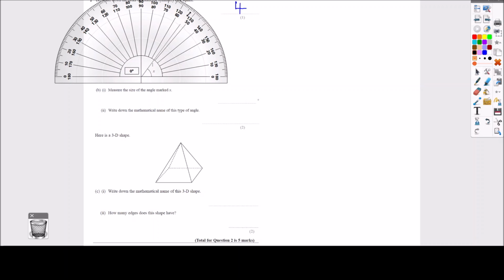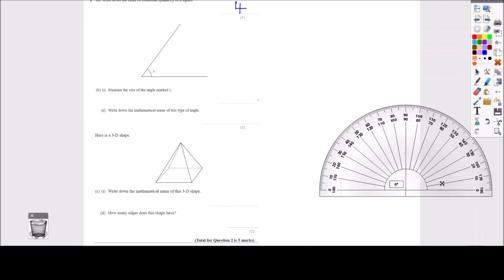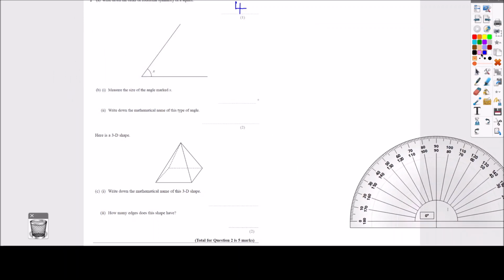I would extend that line with a pencil to be absolutely sure. Sorry, I'm going to say 54, 55. So I'm going to say 54 degrees. There's always a little bit of leeway in the mark scheme. So I think that was 54 degrees.